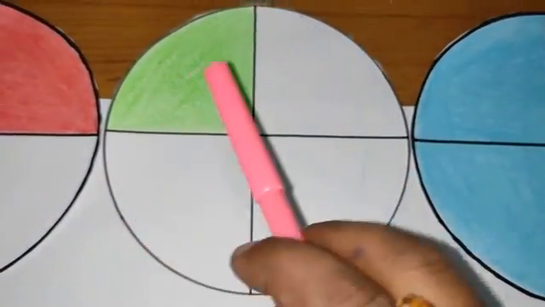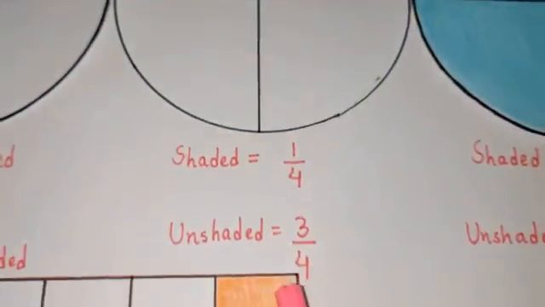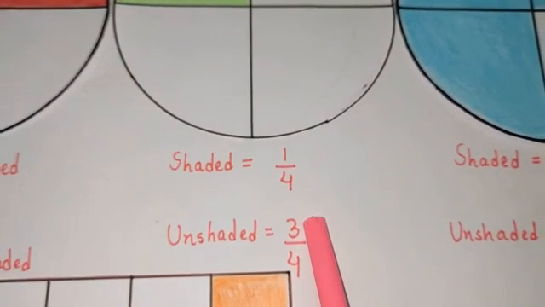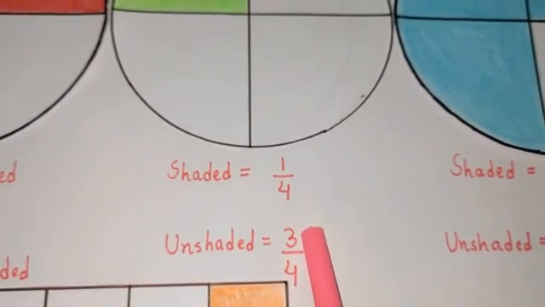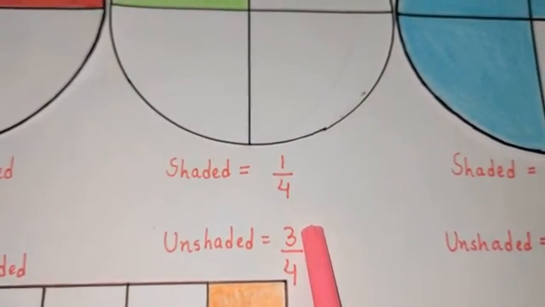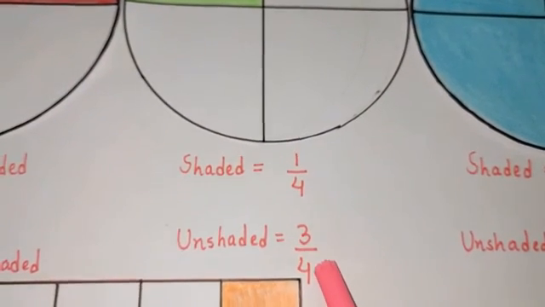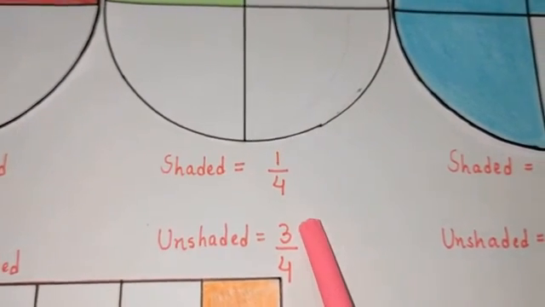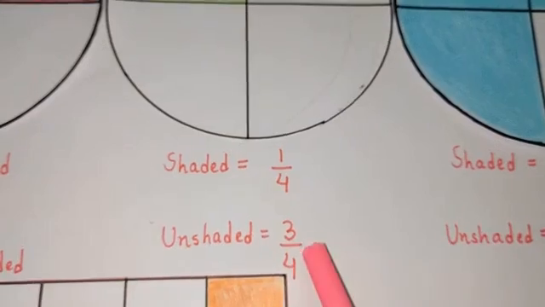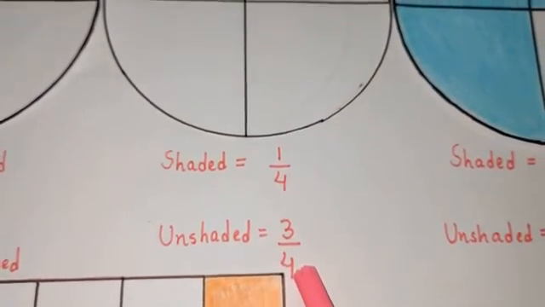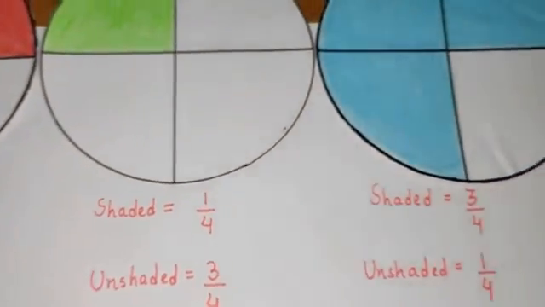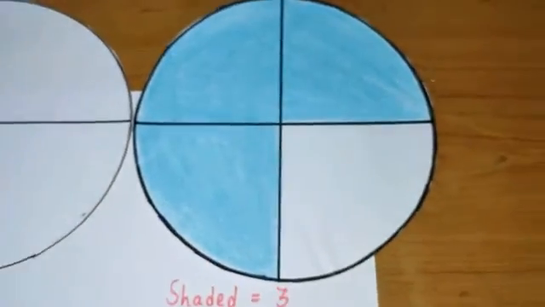And how many parts are there in total? 4. So out of the 4 parts, 3 parts are unshaded. So the fraction of the unshaded part is 3 by 4 or 3 over 4 or 3/4. Okay.